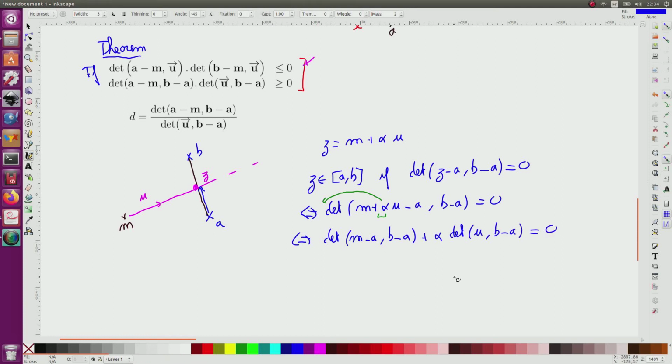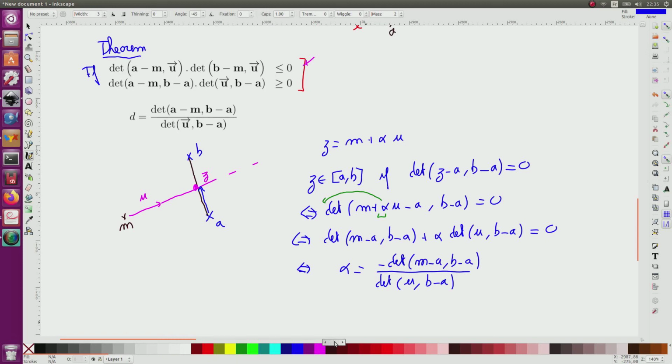Then I will isolate alpha, and I obtain that alpha is equal to minus the determinant of (m minus a), (b minus a), divided by the determinant of u and b minus a.